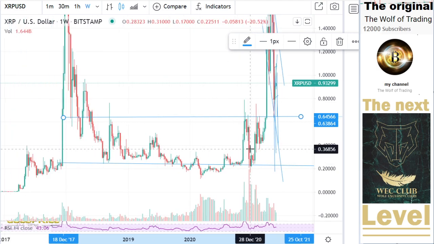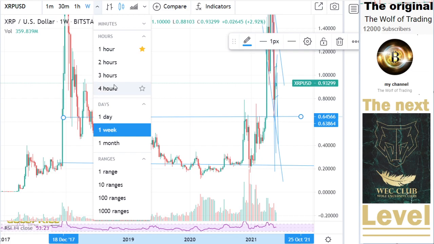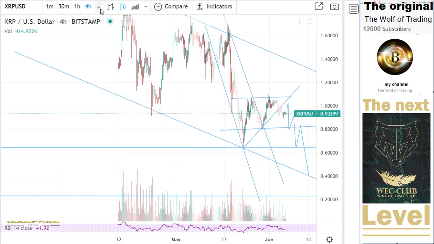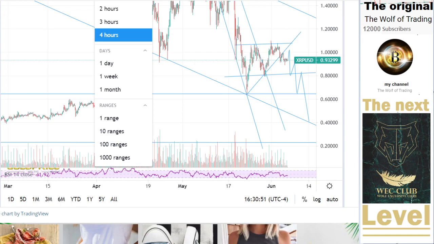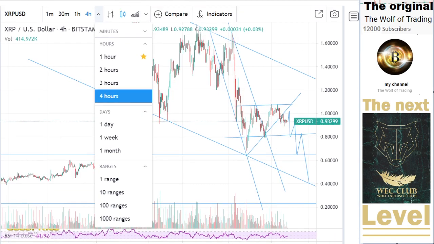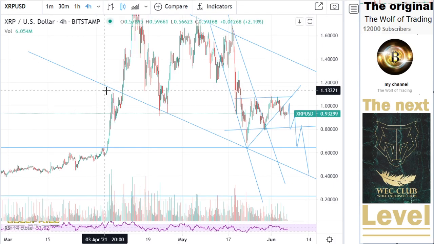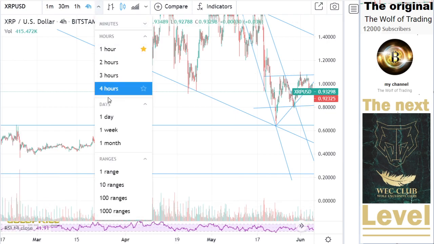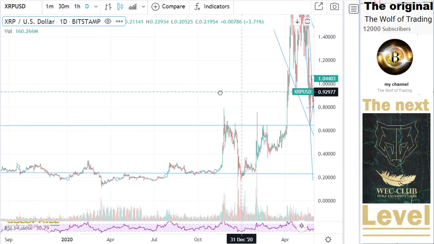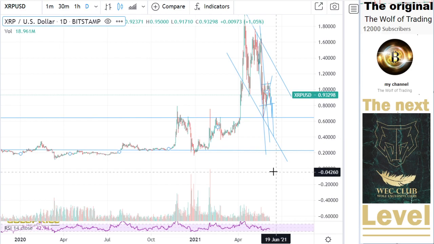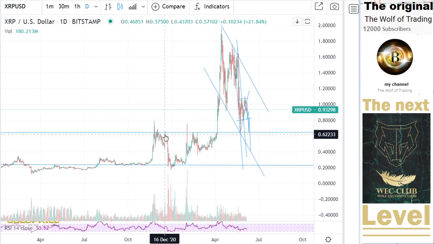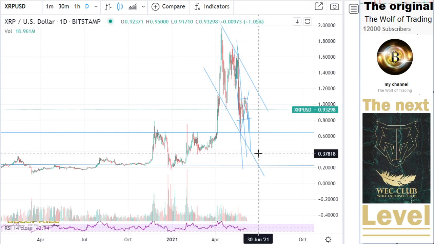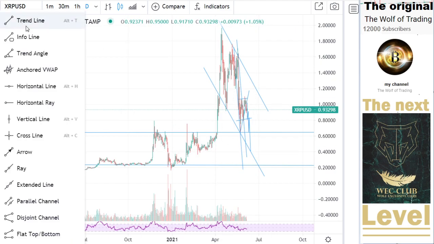If I look at this formation, if you zoom in, you can recognize that we have a good support here, but this area is a danger area.